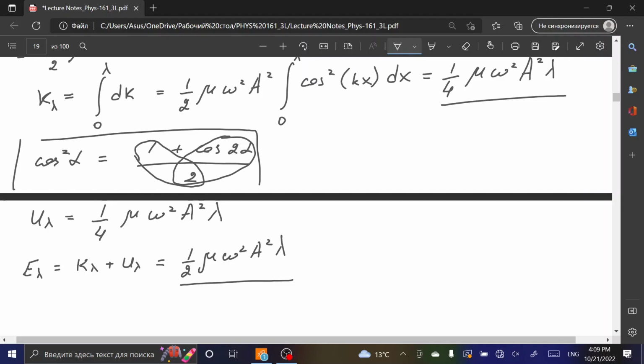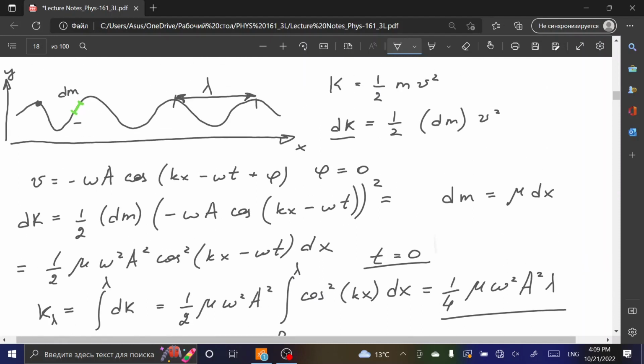We can pick any point on this string and make a cross section, and through this cross section, per unit time, how much energy will be transferred? Any suggestions?